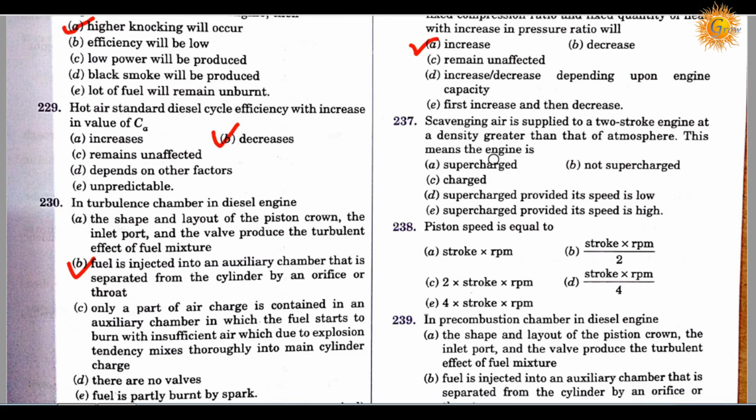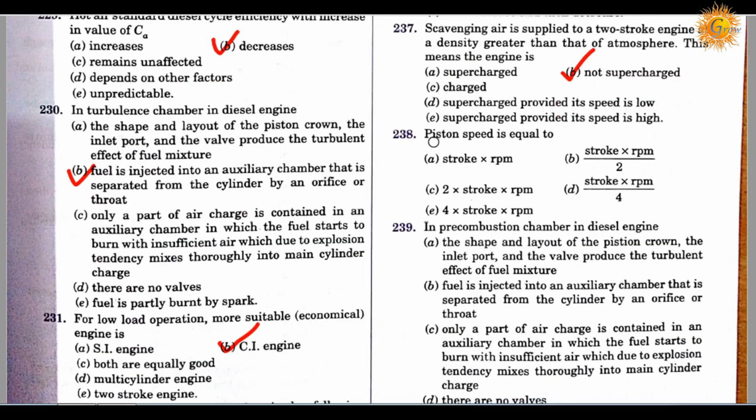This means the engine is: option A, supercharged; option B, not supercharged; option C, charged; option D, supercharged provided its speed is low; option E, supercharged provided its speed is high. Correct answer is B, not supercharged.